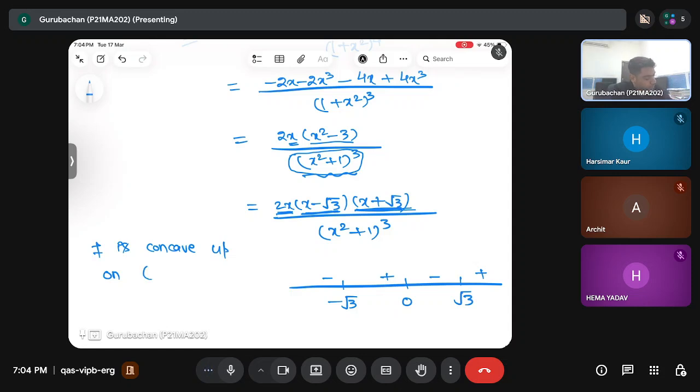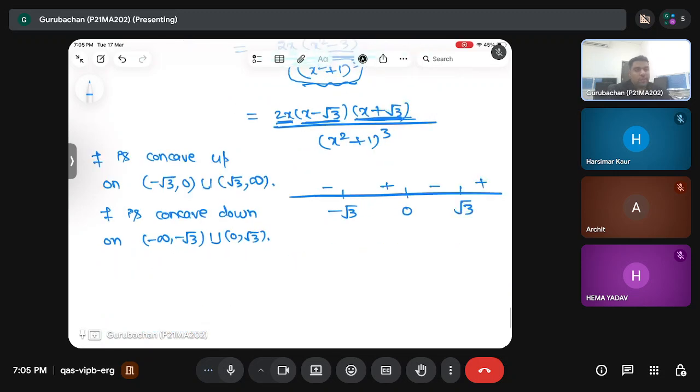So on which intervals is it positive? Minus under root 3 to 0 union under root 3 to infinity. Next, f is concave down on minus infinity to minus under root 3 union 0 to under root 3. Is it fine? Yes, sir.